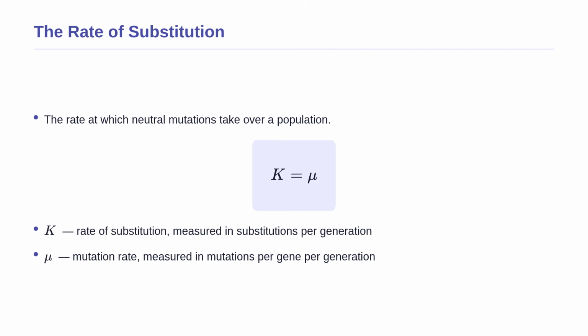The symbol mu represents the mutation rate, which is the probability that any single gene copy will mutate in one generation. Notice what is missing from this equation: population size. Physically, this means that whether a population is large or small, the rate at which neutral evolution happens depends entirely on the mutation rate. If the mutation rate increases, the substitution rate increases exactly by the same amount.